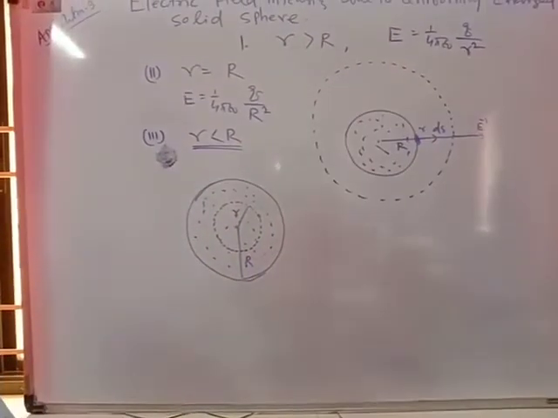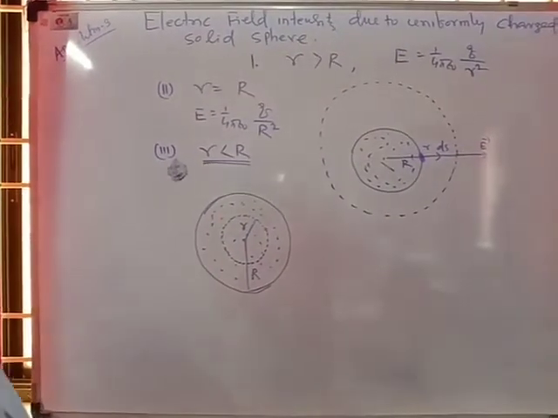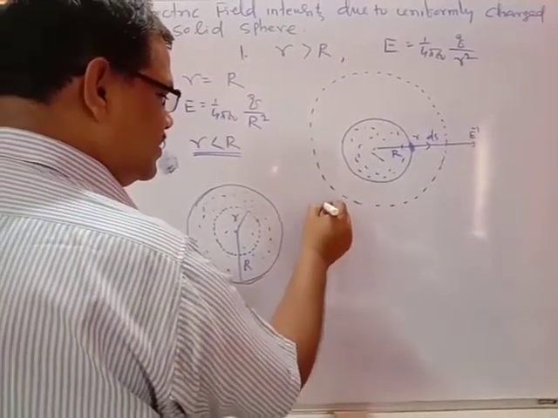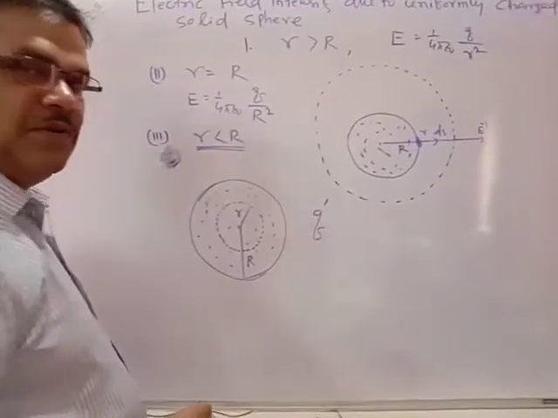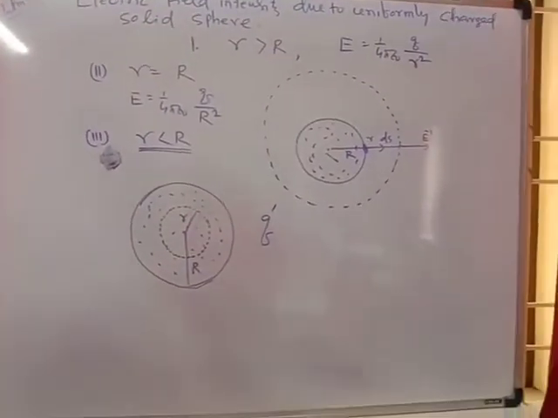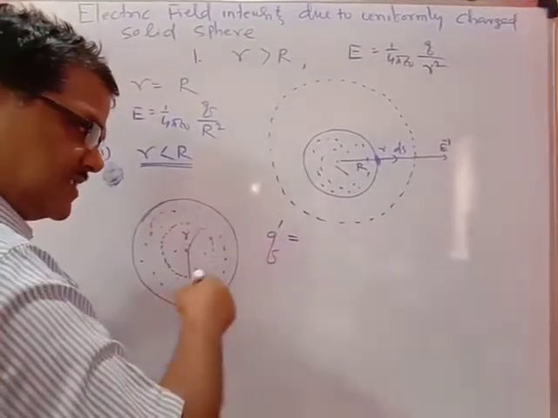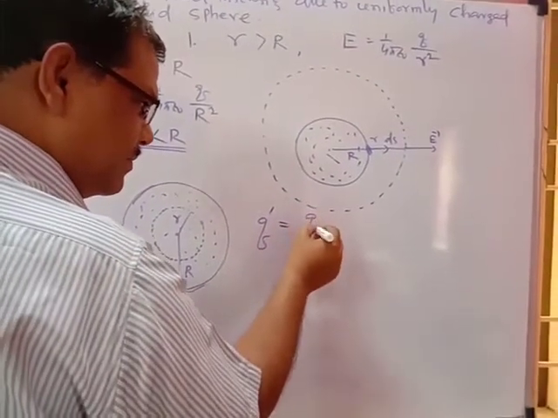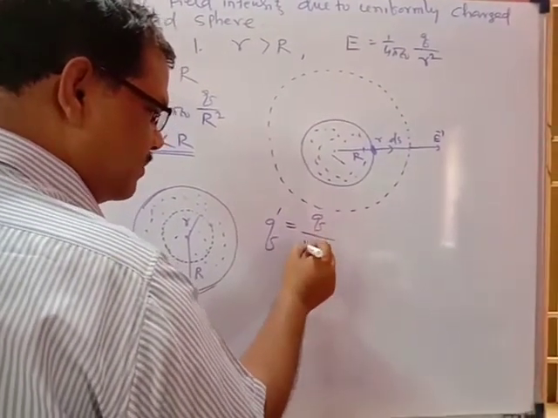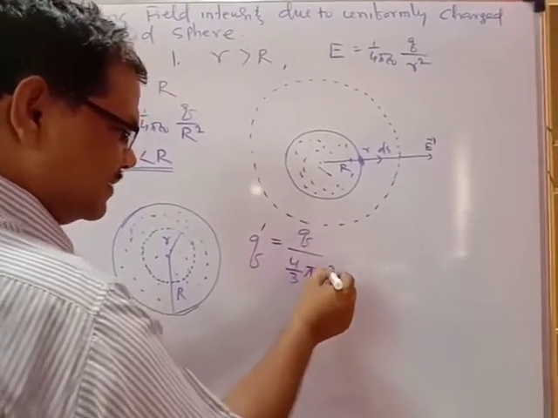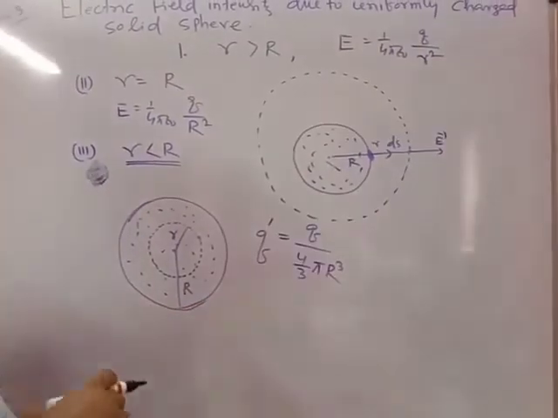So what will be the charge enclosed by the Gaussian sphere? This is the very important thing. Suppose the charge enclosed by the Gaussian sphere is Q dash. That is equal to the total charge Q upon 4 by 3 pi R cube, the volume of the sphere, which is the charge per unit volume.